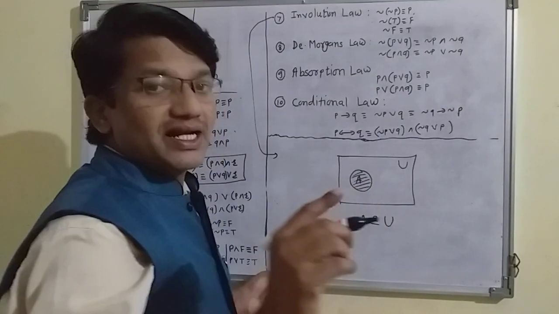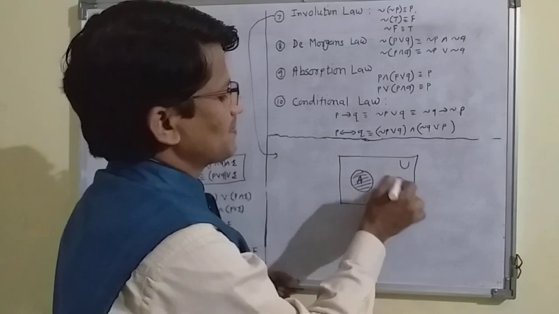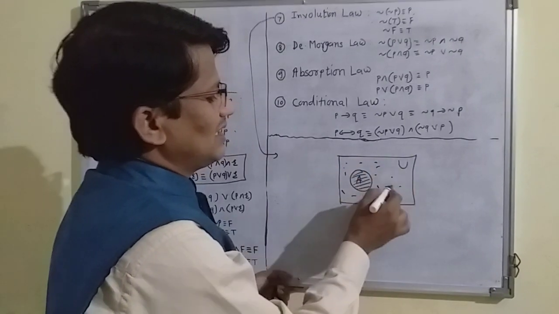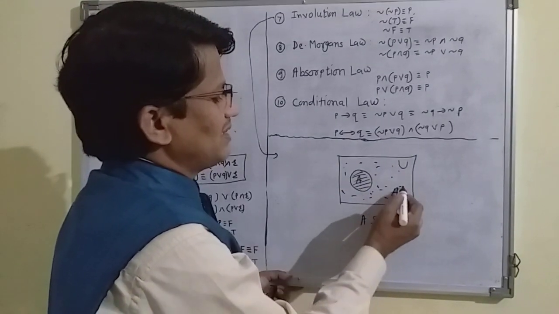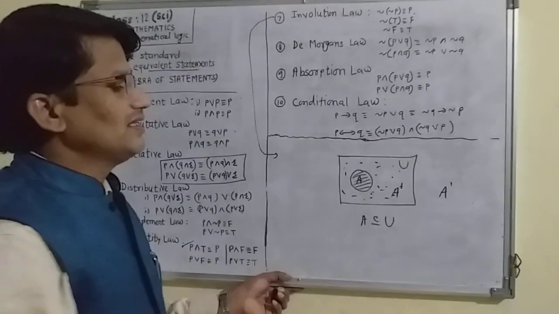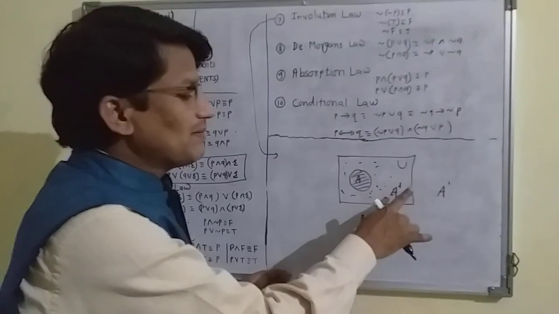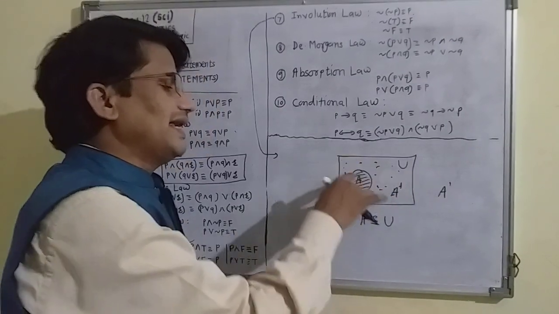The complement of A is the remaining part of this portion. This whole remaining part is the complement, denoted by A dash. The complement of A is A dash, and again the complement of A complement is A.